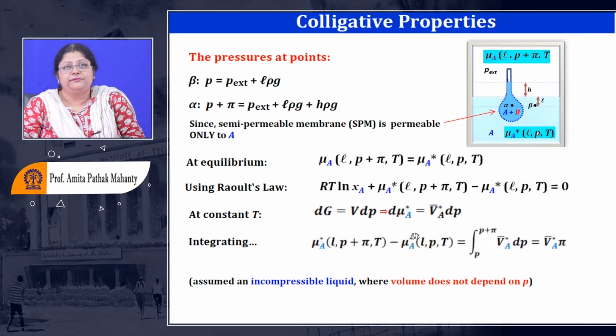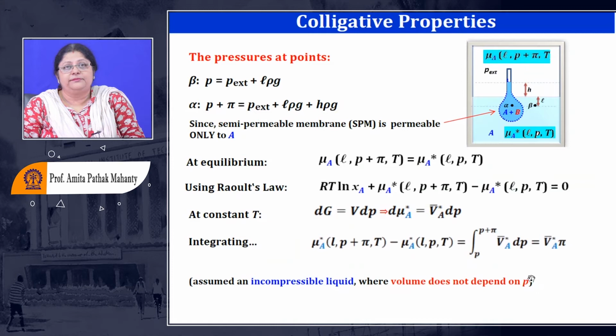If I take from this equation, this difference is going to be equal to V star, the partial volume of the pure solvent, into dP. And what is the change in pressure which we are looking into? From pressure P to P plus pi, because pi is coming from this height.